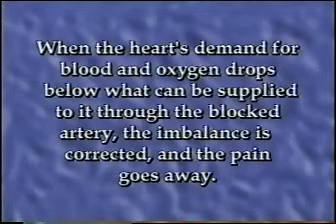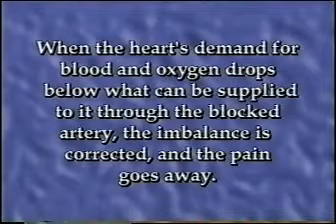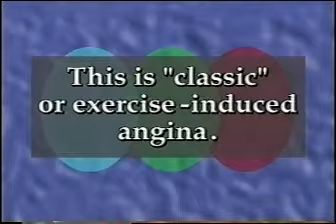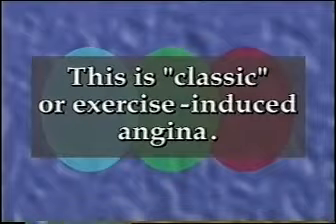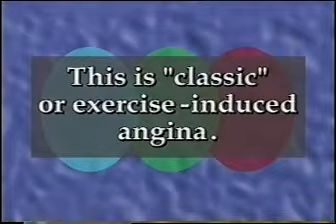When the heart's demand for blood and oxygen drops below what can be supplied to it through the blocked artery, the imbalance is corrected and the pain goes away. This is classic or exercise-induced angina. This type of pain is very predictable and depends on the blood pressure and the pulse rate.